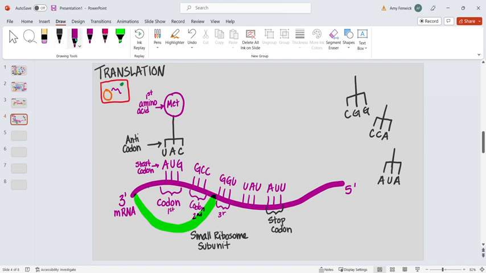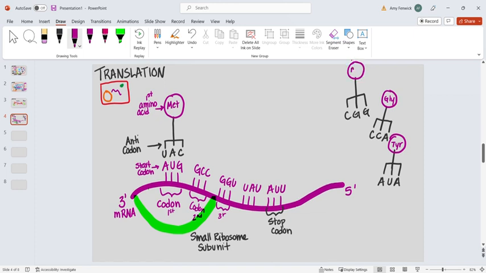I'm done. I'm out. Now, each one of these tRNAs does have its own amino acid attached to it. And you might say, well, which amino acid? That is set in stone. There's actually something called the genetic code, and what it is, is a decoder ring.